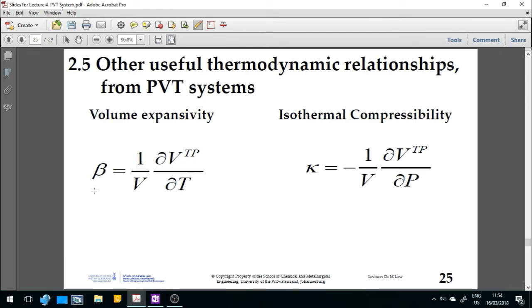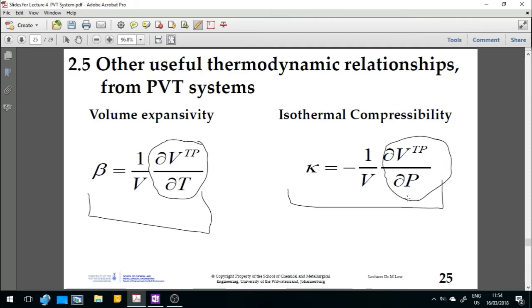These useful terms here, volume expansivity and isothermal compressibility, if you look in the equations in your equation sheet, you could just replace dV/dT and dV/dP in your equations for liquids. So these equations are valid for liquids.